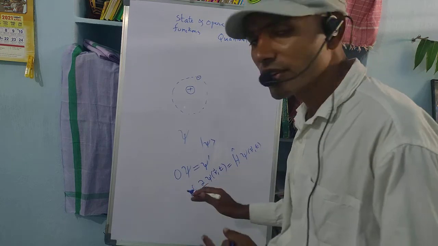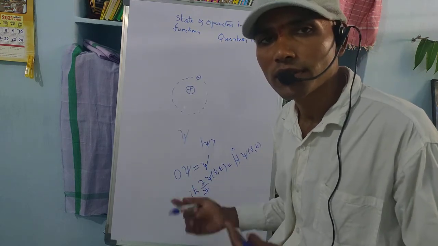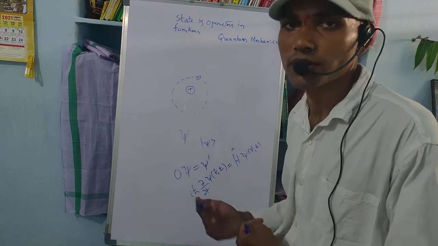So this Schrodinger's equation tells about the time evolution of the state function.